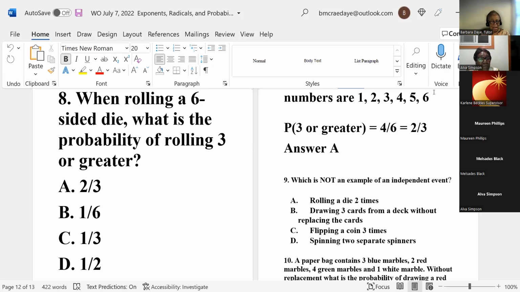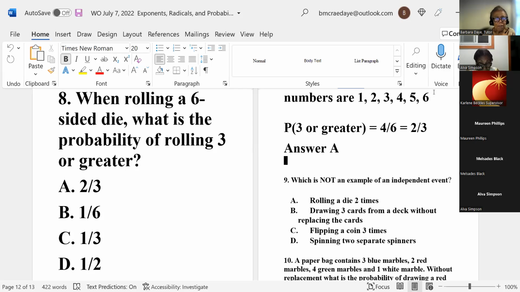Now, do you know the difference between an independent and a dependent event? When you have 2 events and one event does not depend on the other event, then it's independent.